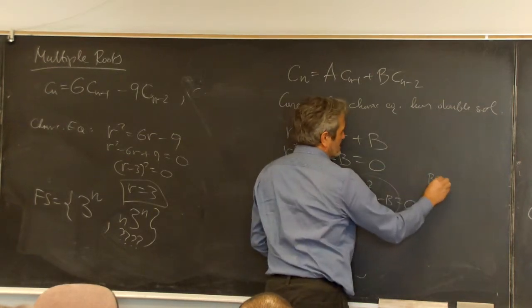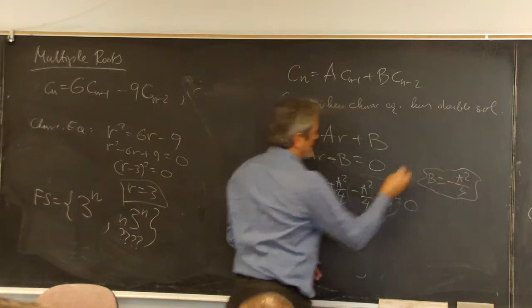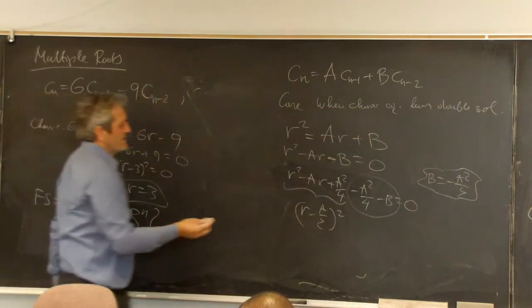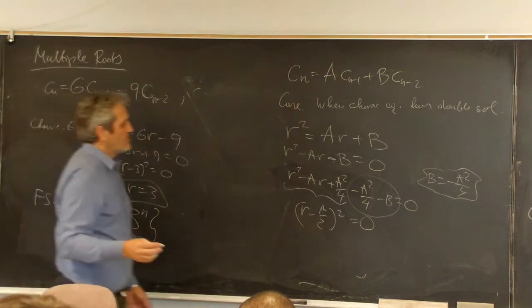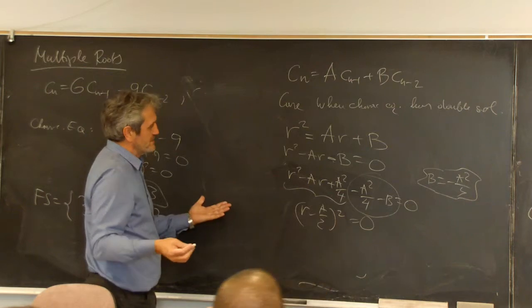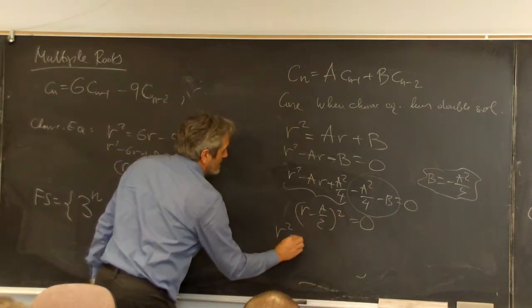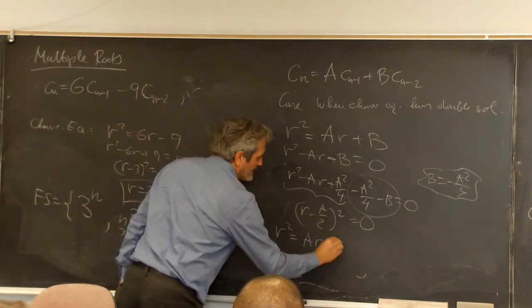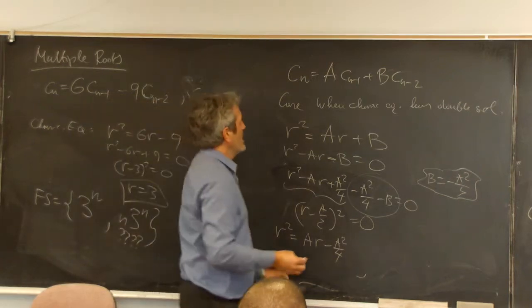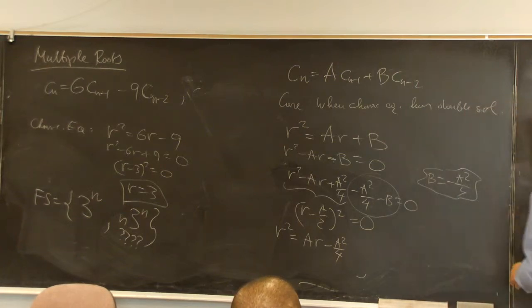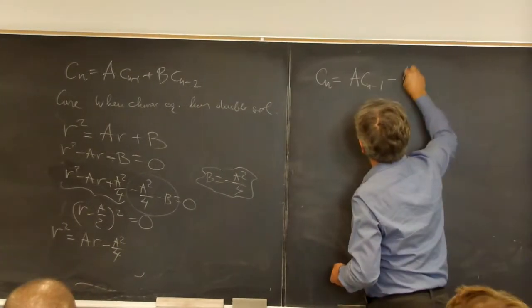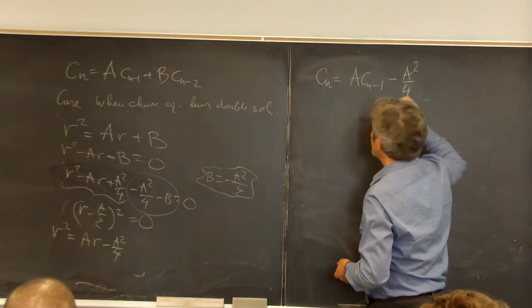So generally this happens when b equals minus a squared over 4. Then the characteristic equation looks like r squared equals a r minus a squared over 4, and the original equation looks like Cn equals a times Cn minus 1 minus a squared over 4 times Cn minus 2.